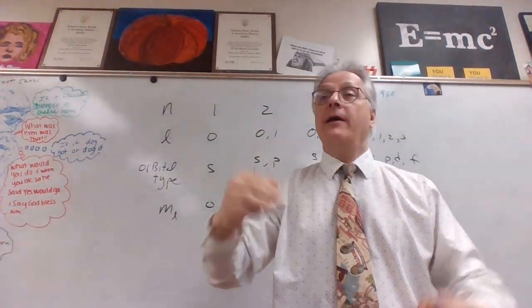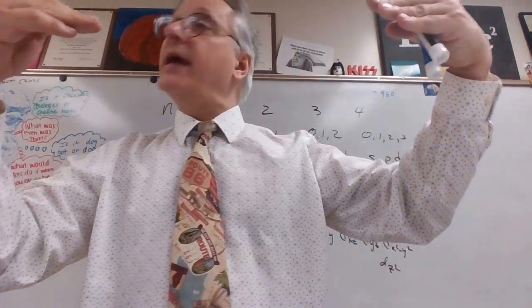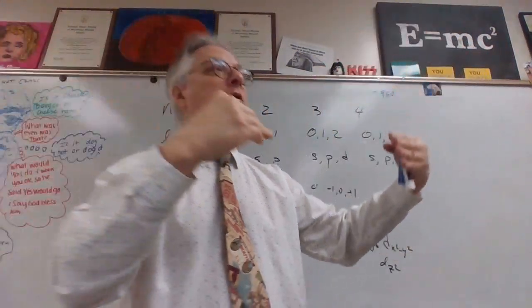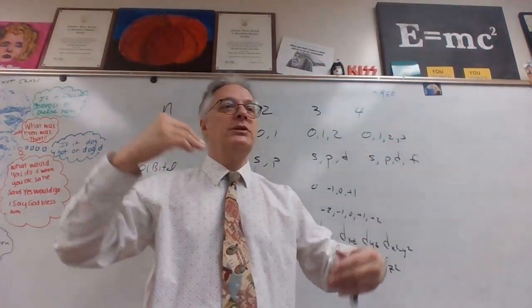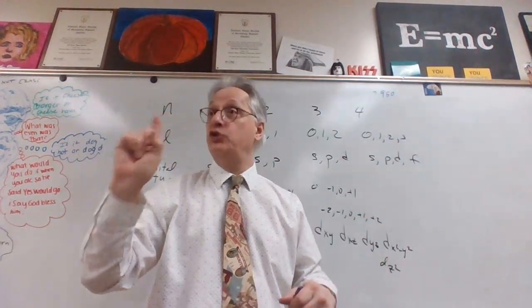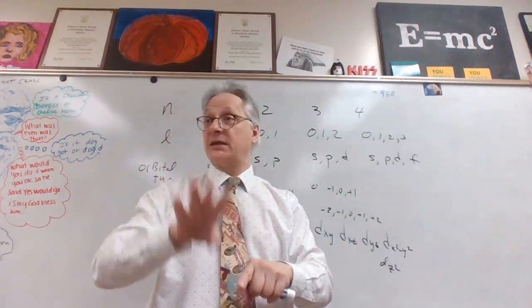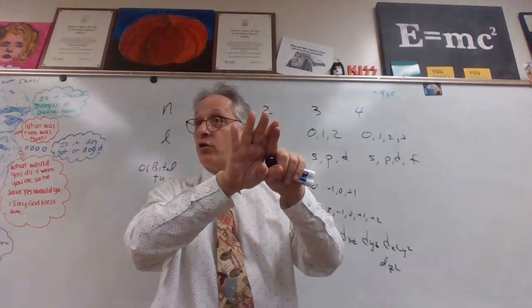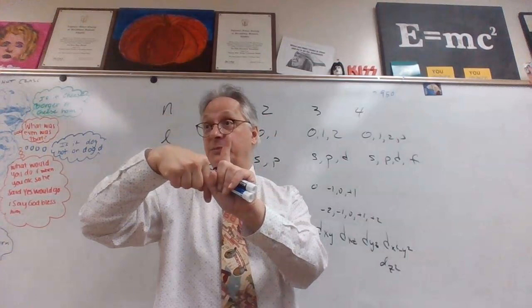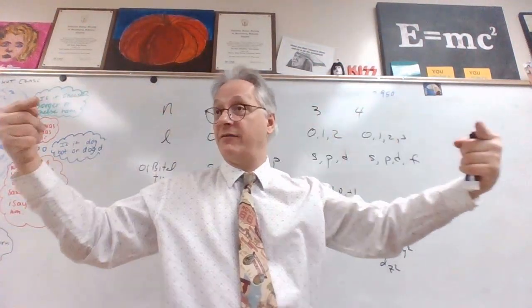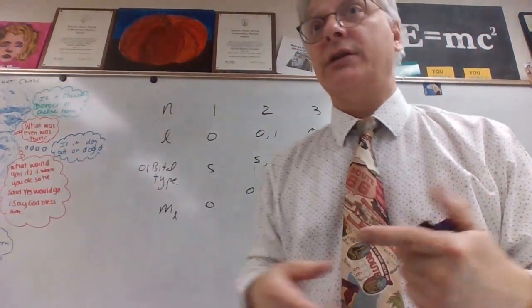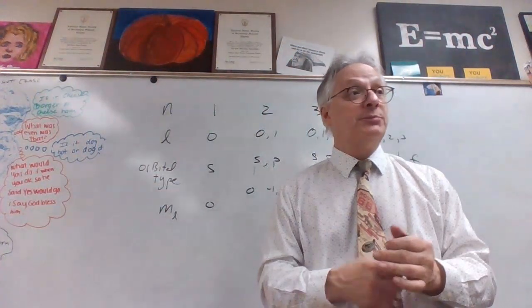The p orbitals you don't see until you get to n equal 2. When you get to n equal 2, you have the 2s orbital and the 2p orbitals that come in a set of 3. So you can hold a maximum of 6 electrons in those 3 orbitals, but they have to have opposite spins. D orbitals, I have 5 of them, a maximum of 10 electrons they can hold, and that's pretty much it.